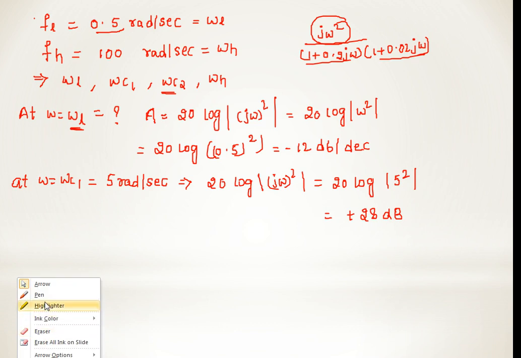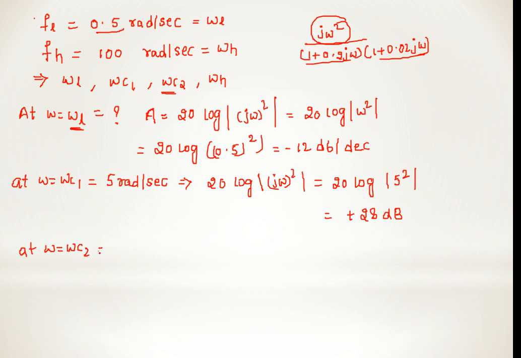So the magnitude at omega equal to omega C2, here we have to take the change in slope from omega C1 to omega C2.